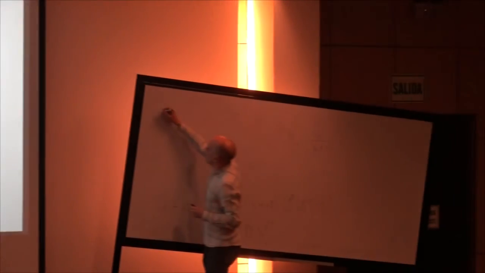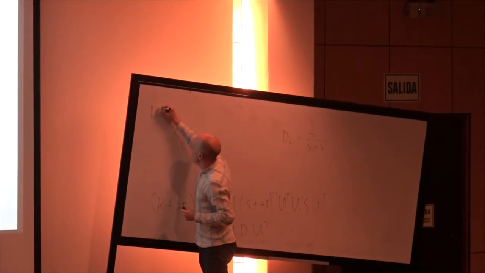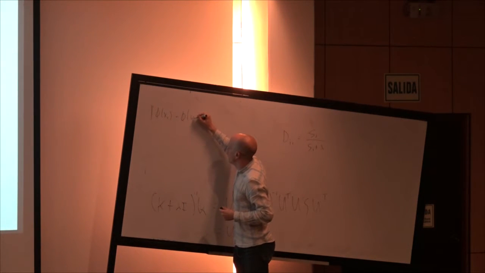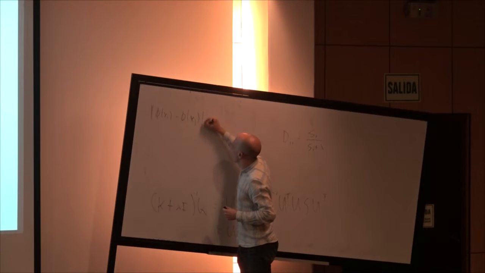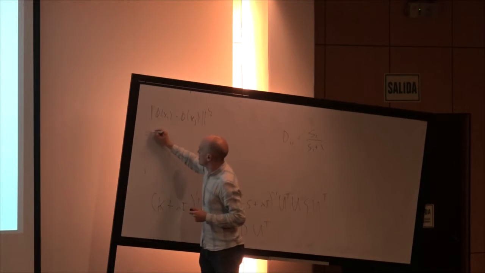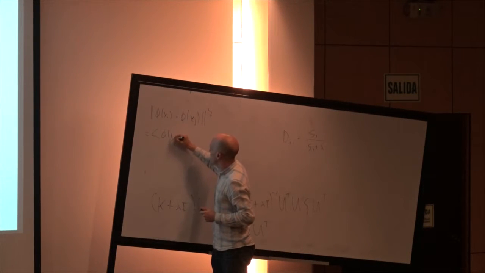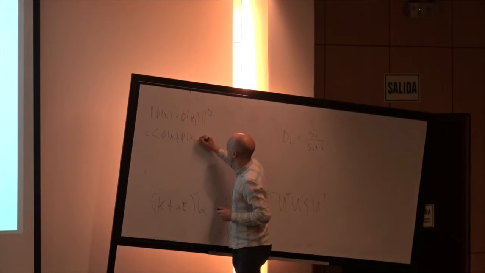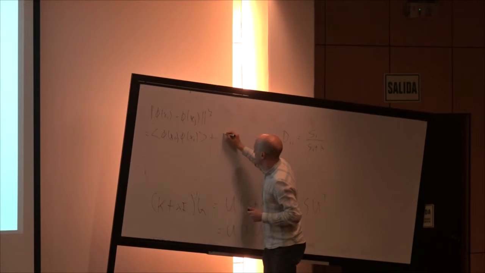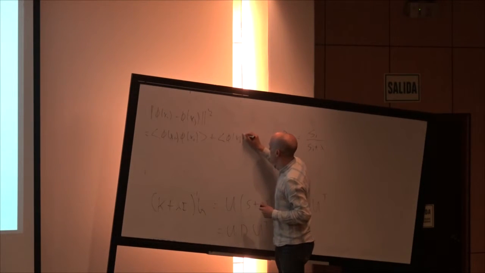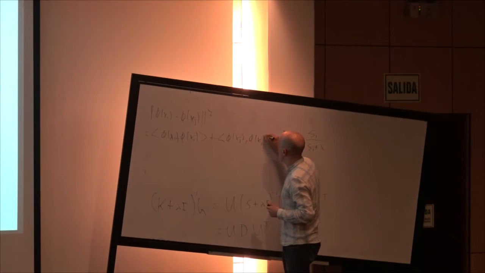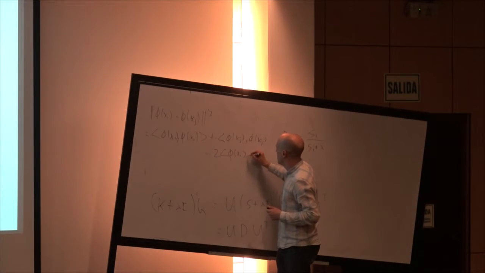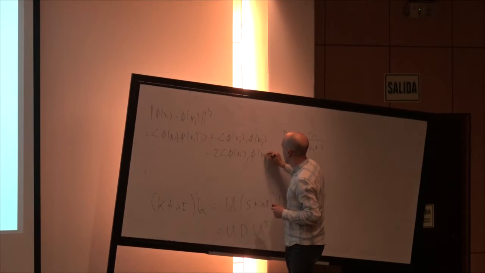If I want to compute the distance squared between features of xi and features of xj, this is the dot product of feature xi with feature xi, plus the dot product of feature xj with feature xj, minus 2 times the dot product of feature xi with feature xj.